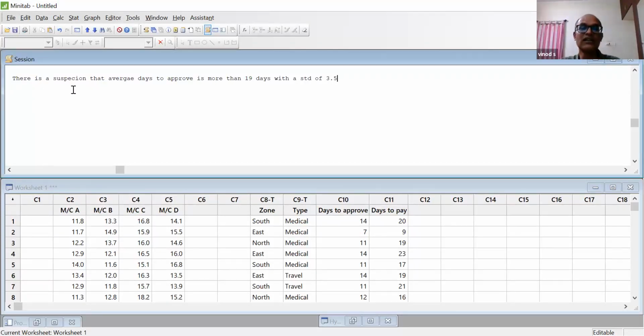So this is the suspicion: the average days to approve is more than 19 days. Now we want to test whether this claim is correct or not.